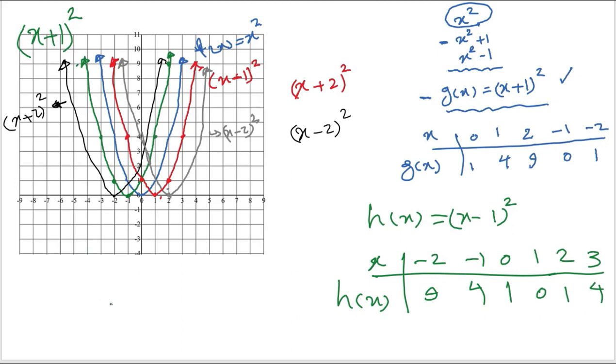So I can formulate the outcome in this form. h of x is equal to f of x minus k, where k is a constant. So for example, (x+1)².